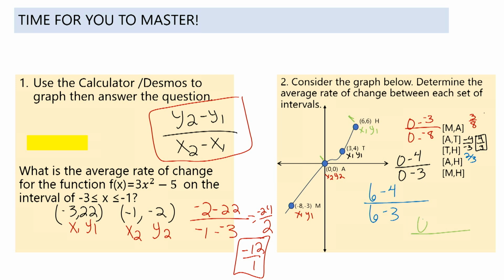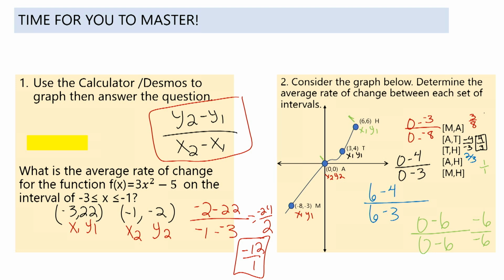I've got 0 minus 6 and 0 minus 6. I have negative 6 over negative 6. When I have a negative over negative, that's a positive. And when I divide a number by itself, that is a 1. So I would have this as 1 over 1. Good job.